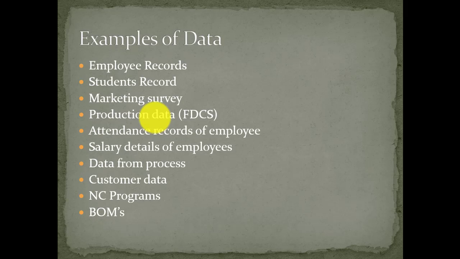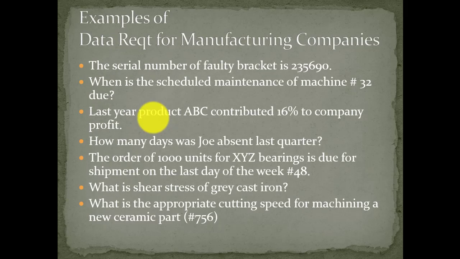So there is a variety of data, and you have visited some of the industries, you are aware of industries, and every industry will be requiring a huge amount of data, and some of the examples are mentioned here.